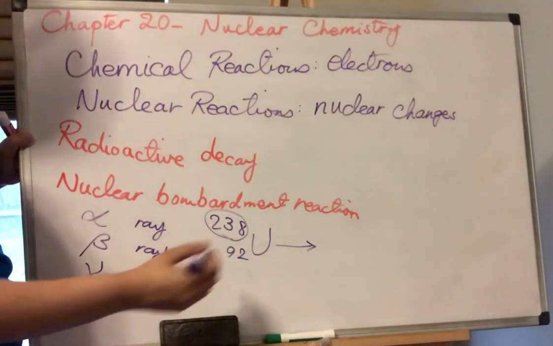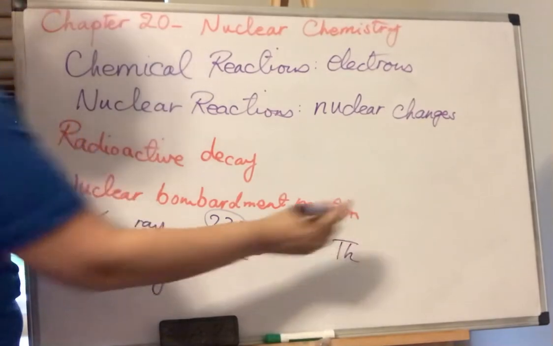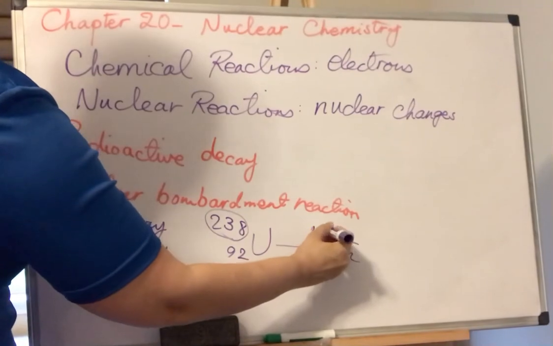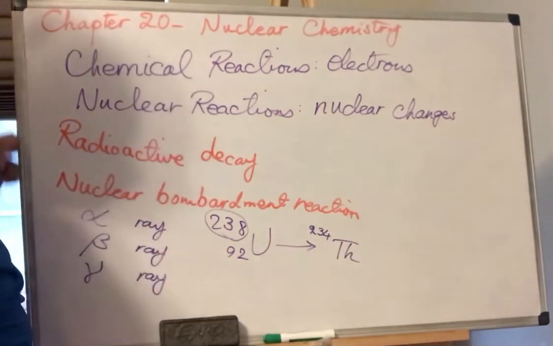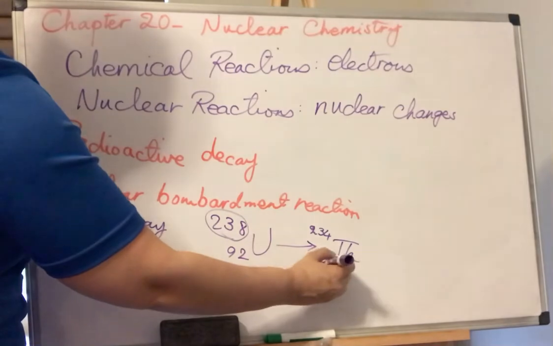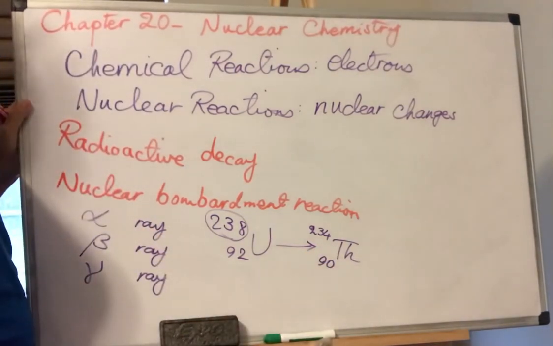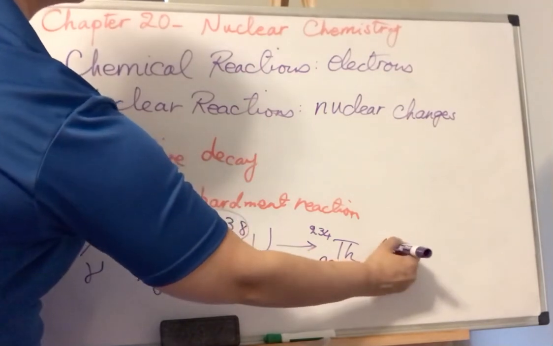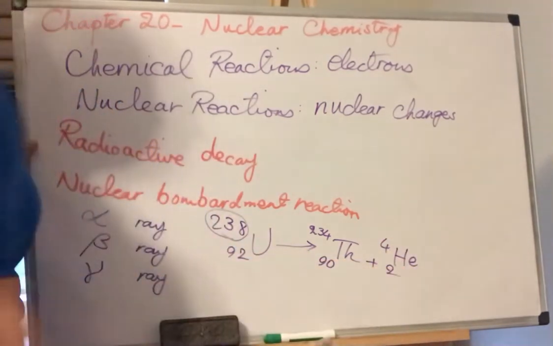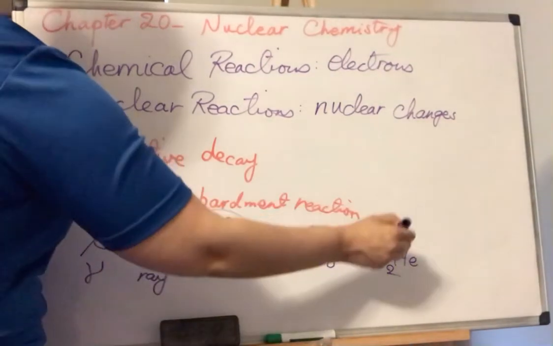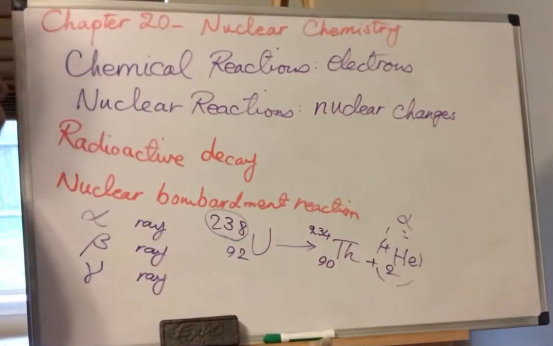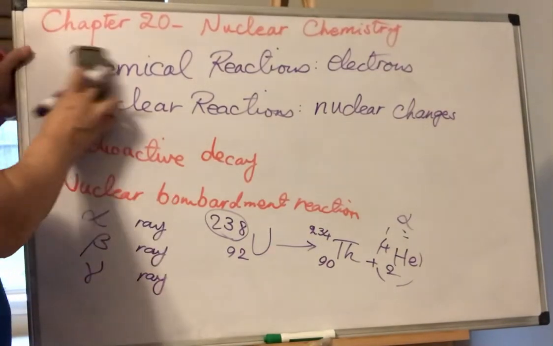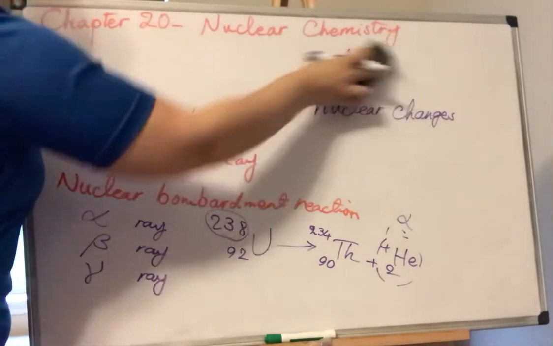So when it disintegrates, it changes to thorium, another element with 234 atomic mass, and the atomic number is going to be 90, and also a helium atom is going to be released. And we will learn that we call it an alpha particle later when we get to it.